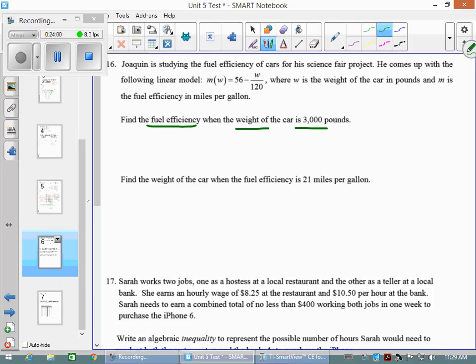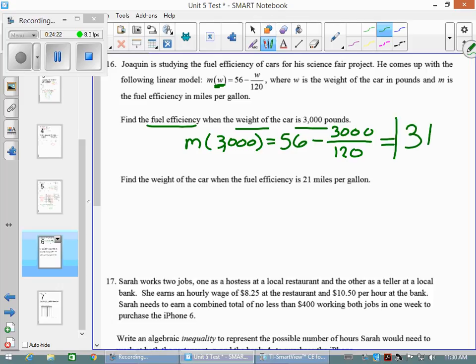So we're going to do 56 minus 3,000 divided by 120. And when we substitute that in, we would get a value of 30. So the fuel efficiency of this would be 31 miles per gallon.